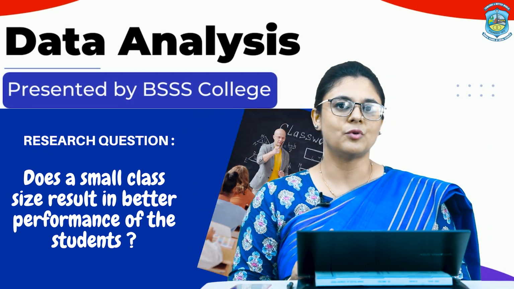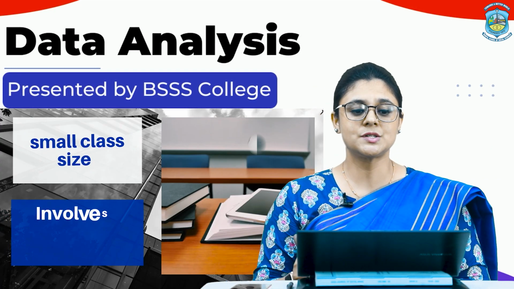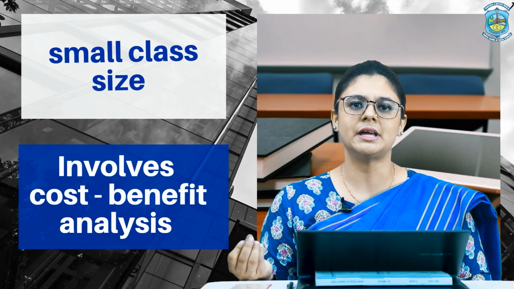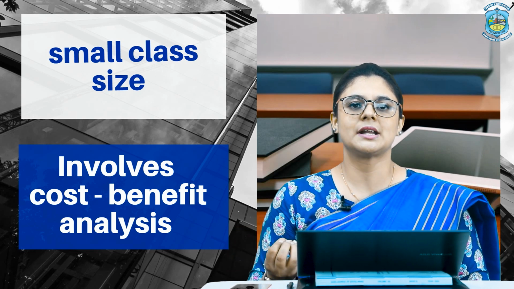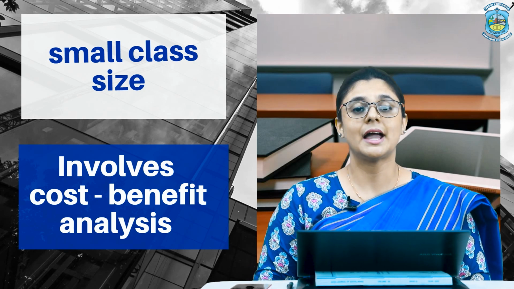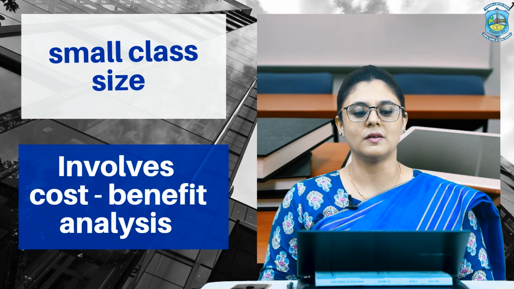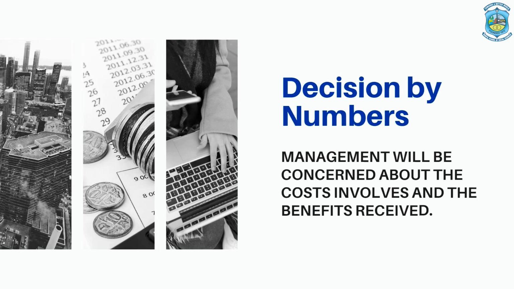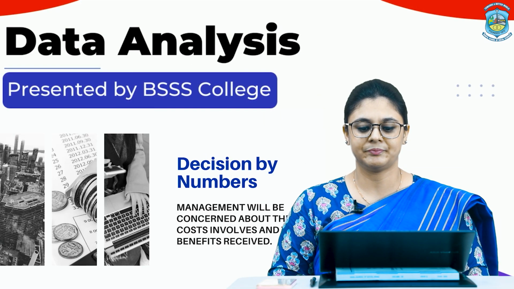Now there are two things involved in this analysis. The first one is the small class size, that is, how small that class size should be. How much do we have to reduce the class size so that the performance of the students becomes effective? And secondly, it also involves a cost-benefit analysis. Now, the decision of the management to reduce the class sizes in a particular institution will definitely involve certain cost decisions as well, right?